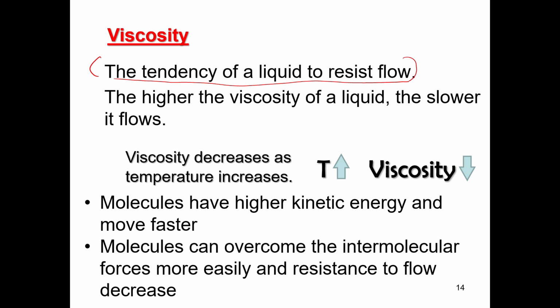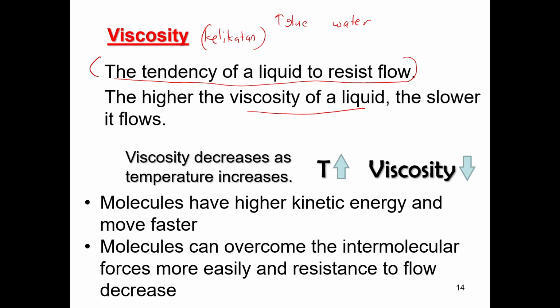So kalau dia lebih viscous, actually kita panggil kelikatan. Okay, contohnya macam kita ada glue dengan water. So glue has higher viscosity, dia lebih susah untuk mengalir, okay, compared dengan water. So the higher the viscosity of the liquid, the slower it flows. Okay, contoh macam glue ni.